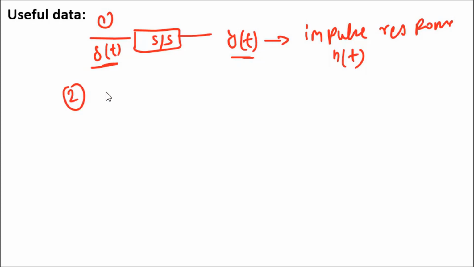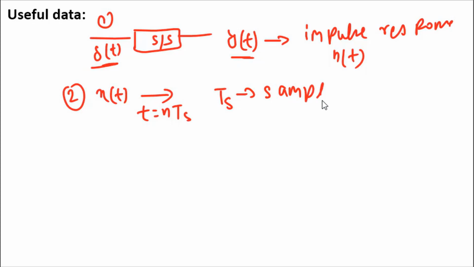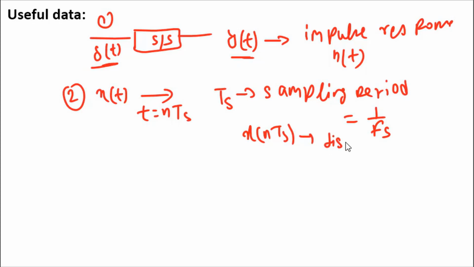The second useful data: if you have a continuous time signal x(t), and you sample this x(t) by putting t equal to nTs, where Ts is the sampling period, which is given by 1 over fs, then x(nTs) denotes the discrete time version of x(t).